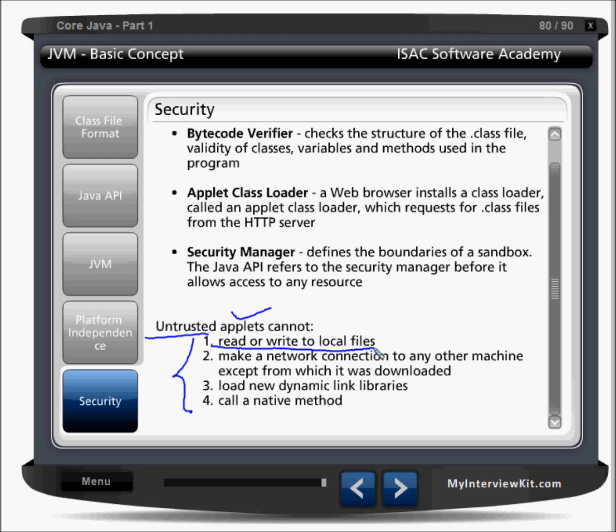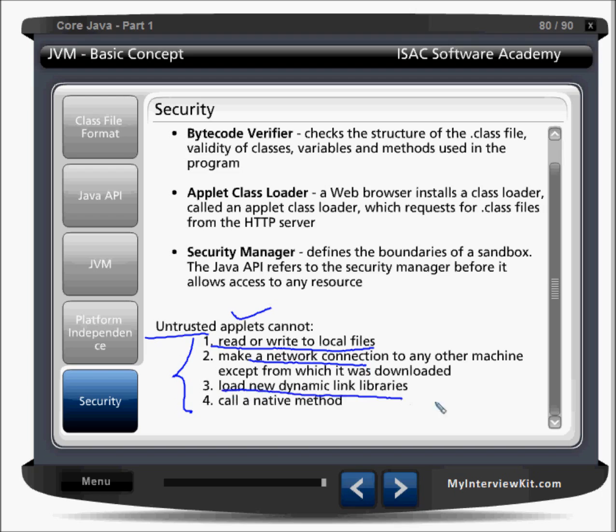It cannot make a network connection to any other machine except the one from which it was downloaded. Let us say your computer has another 100 computers in the network. The applet will not see the rest, it will just look at your system only. So the whole network is safe at this place, right? Now it cannot load any new dynamic link library.